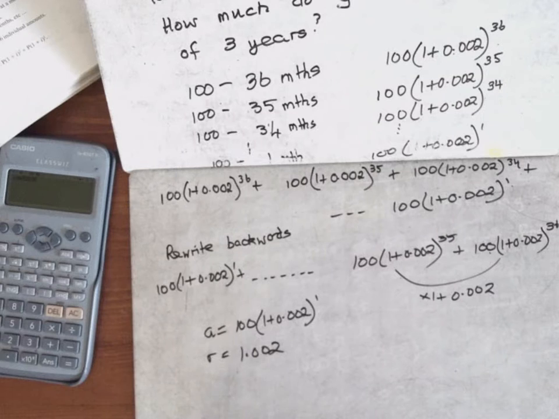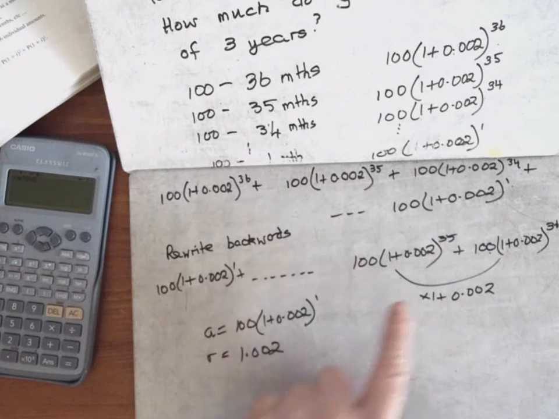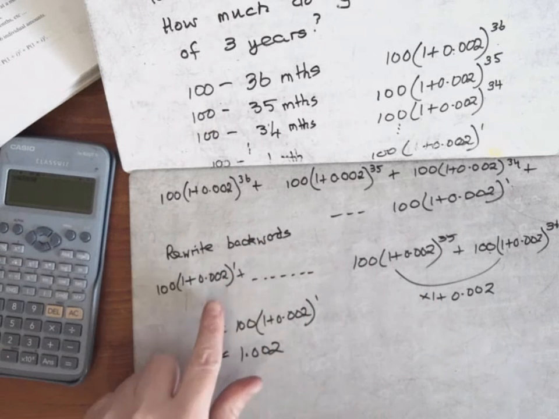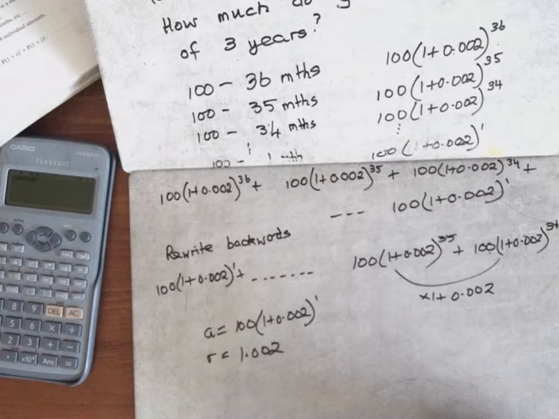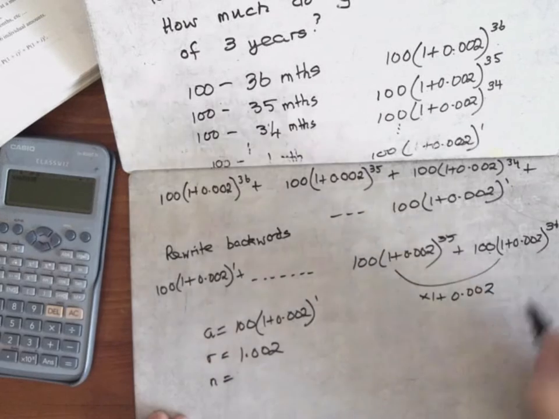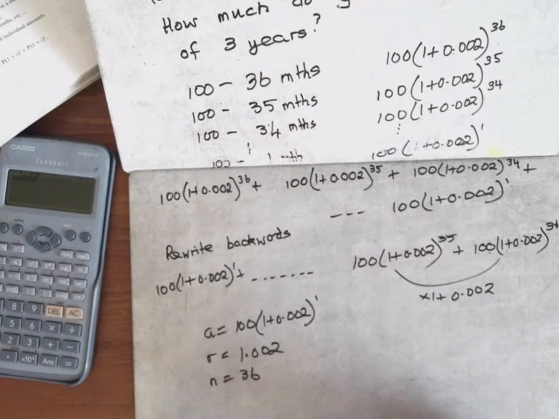Because it's to the power of 1, then the power of 2, then the power of 3, you've multiplied by 1 plus 0.002 every time. So R is that. And n is how long it's been in, how many terms you have. You have 36 terms.